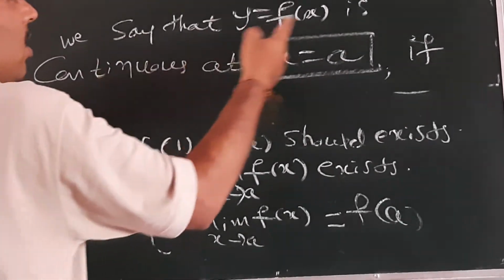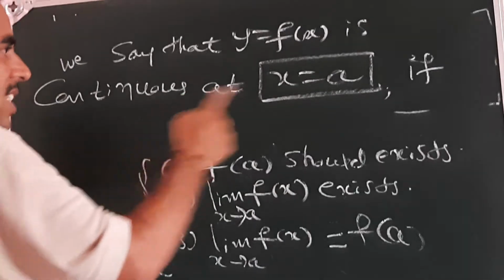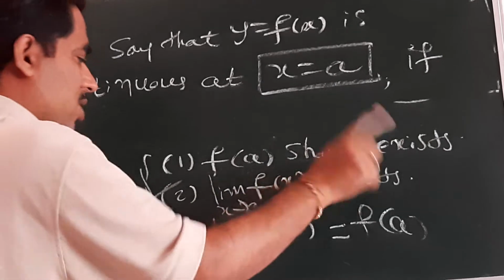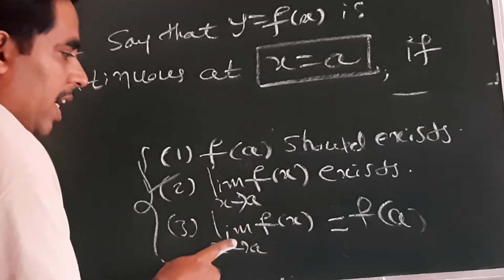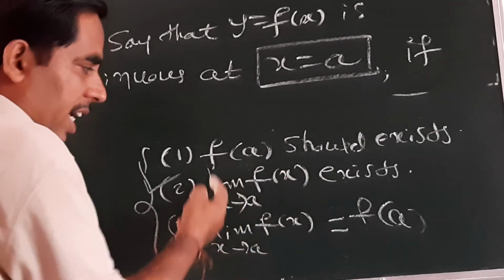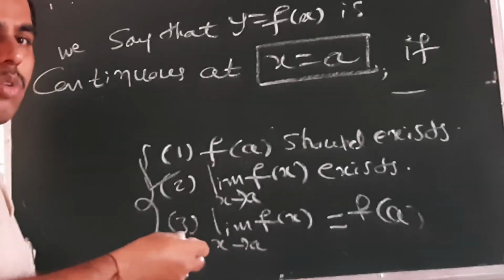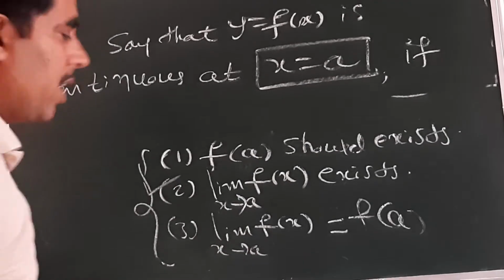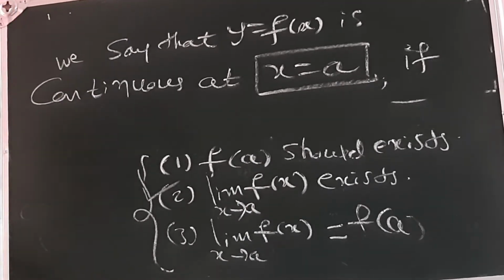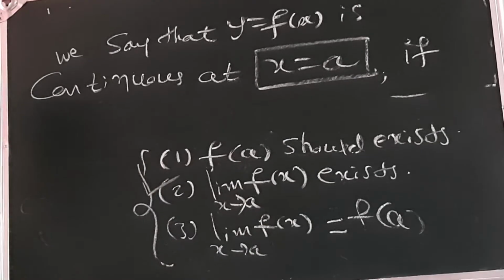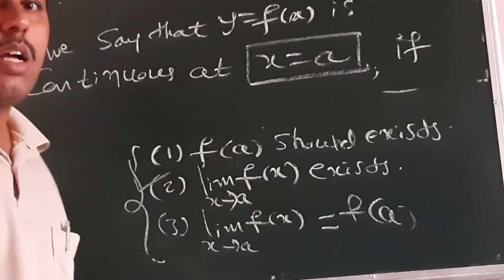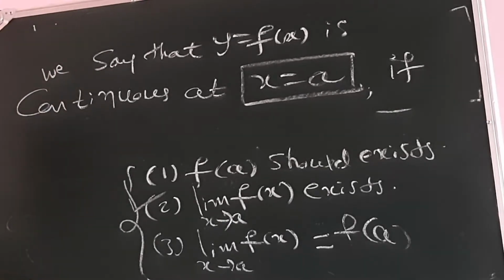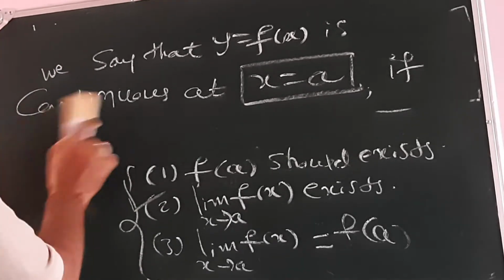So we say that a function y is equal to f of x is continuous at x is equal to a if the value of the function at the given point exists, then the limit exists, and the limit of the function is equal to f of a. See here, the limit of the function exists means it is understood that the left hand limit and right hand limit both should be defined and both should be equal. So if one of these conditions fails, then the function will be declared as discontinuous or not continuous. In this way we can define the continuity of functions.